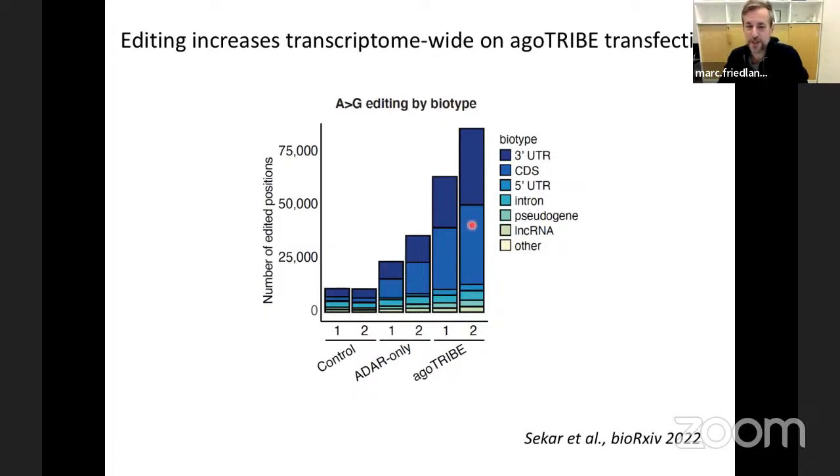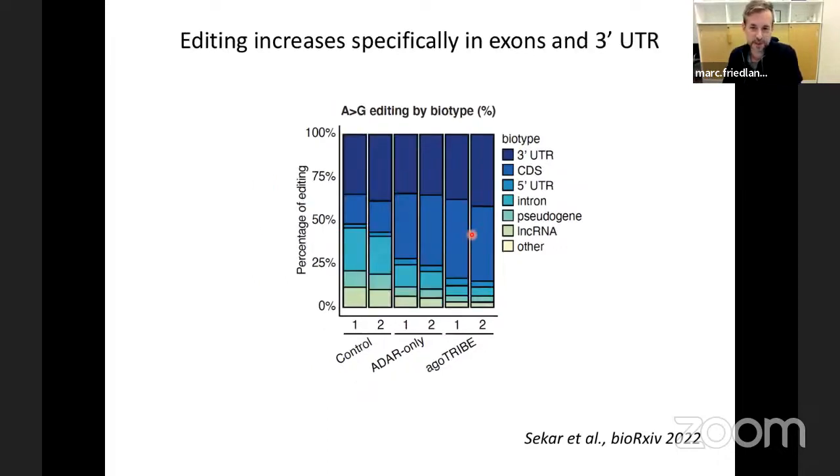So 3' UTR and CDS both increase very strongly when we transfect in agoTRIBE. And here you can see it as a percentage, that the more nuclear annotations that we expect shouldn't be targeted by Argonaute or agoTRIBE are depleting.